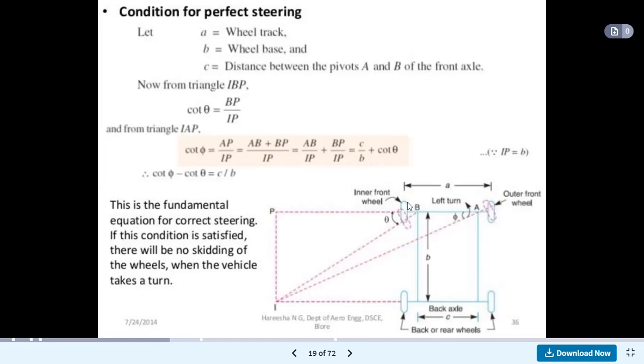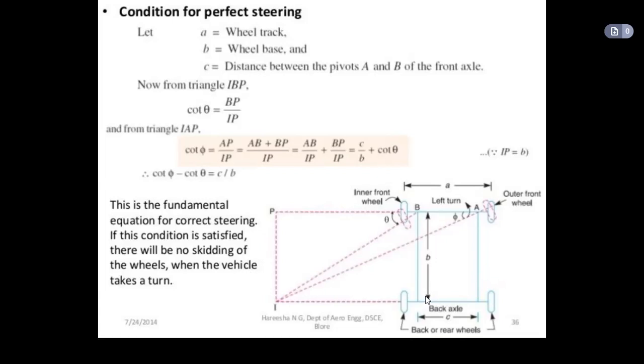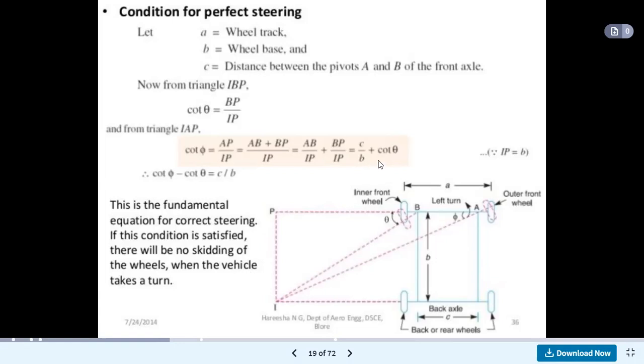AB is the distance of this, that is the wheel track, A. IP is the wheelbase, B. Wheelbase is the distance from the center of the front axle to the center of the rear axle. So the distance between these two axles is called the wheelbase, indicated with B. So C upon B plus BP upon IP, where BP upon IP is nothing but cot theta from the first case.